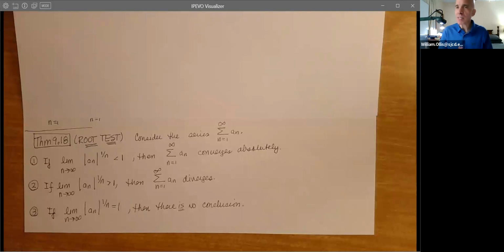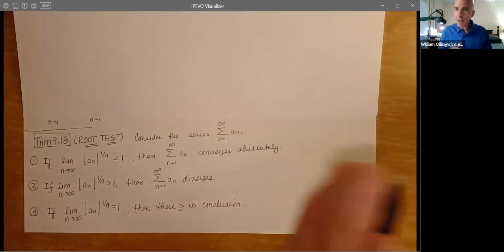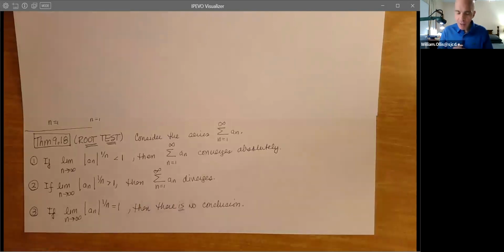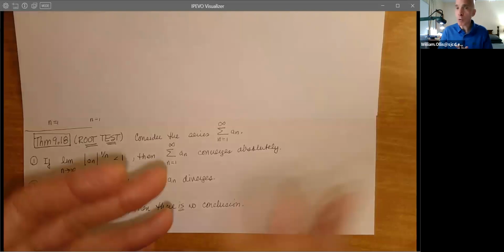But the root test is so similar to the ratio test, and I encourage you to look at the notes, that it's like, okay, fine, Professor Ron, if I need it, I'll use it. The nice thing about it is that it will present itself because it will put forth limits that you know how to do. Maybe you use L'Hopital, maybe there's some simple, like we do ratio of leading coefficients.